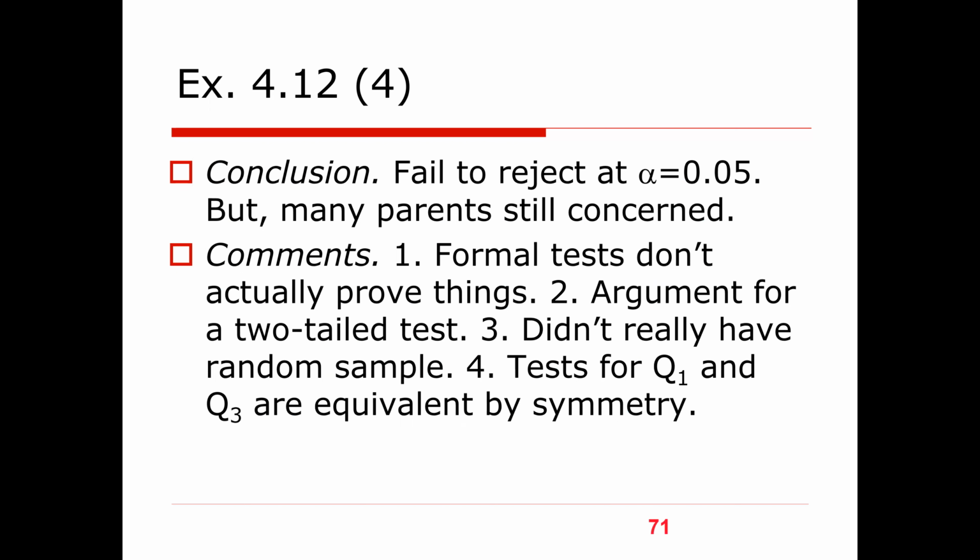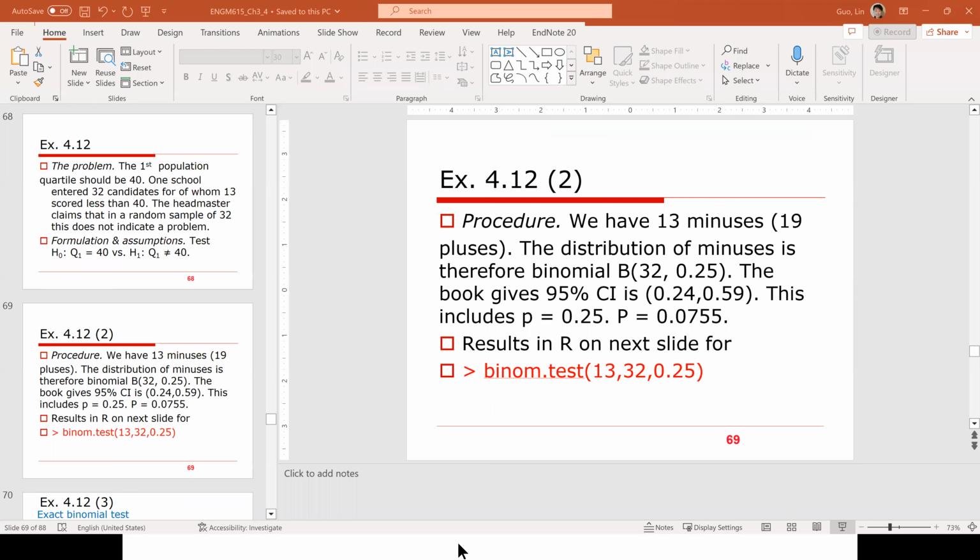So formal tests don't actually prove things. It's just a one-time test. Maybe the school performance is already below the national standard, but this test does not give us strong evidence of that. Argument for a two-tail test, right? If we do a one-tail test, the result may be different.